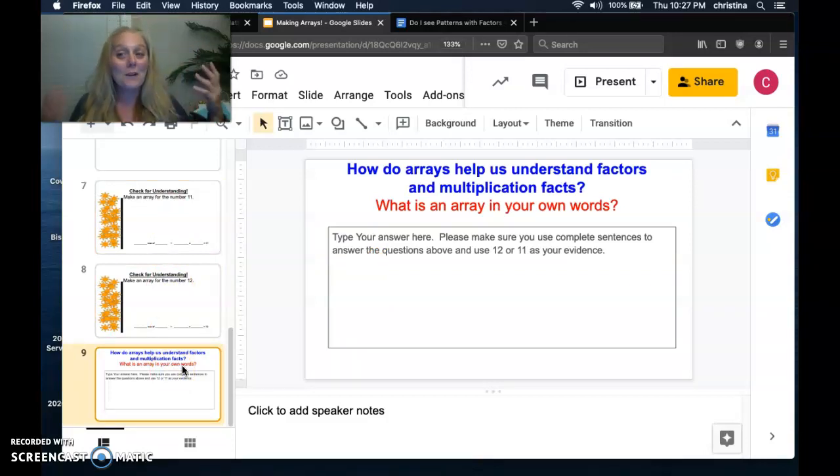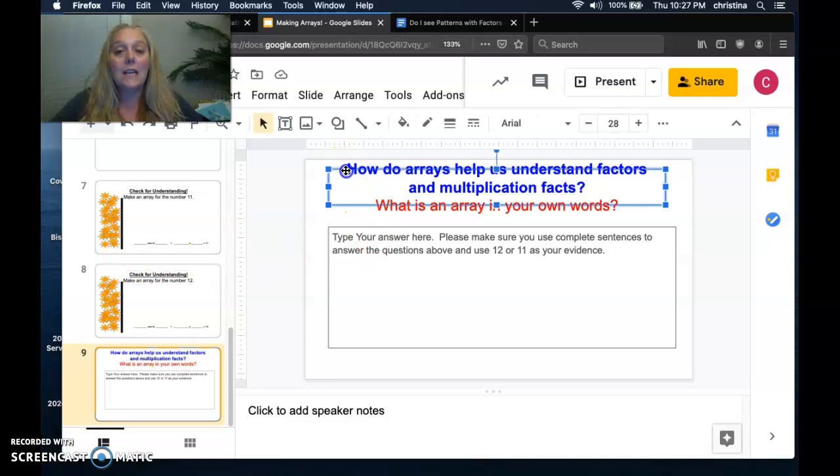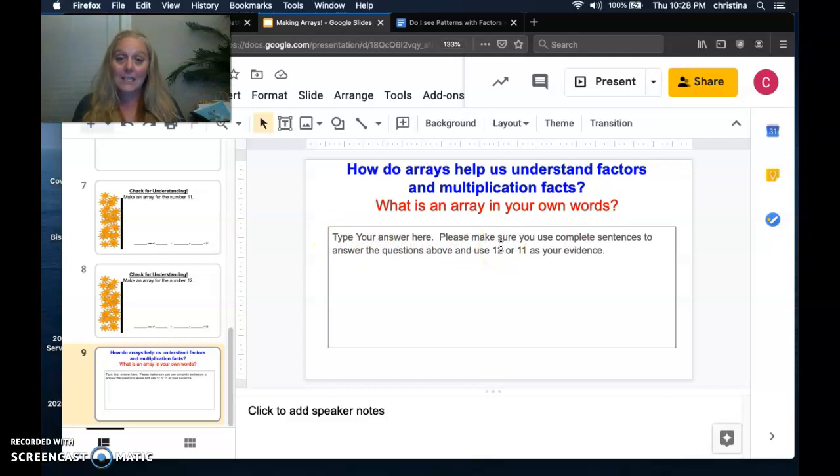I also want to know what you're thinking, okay? So there are 2 questions that you're going to answer with this. How do arrays help us understand the multiplication facts, and what is an array in your own words? And you're going to type your answer here and make sure you use complete sentences to answer the questions above and use 12 or 11 as your evidence. So make sure you're including those 2 numbers when you type up your response.